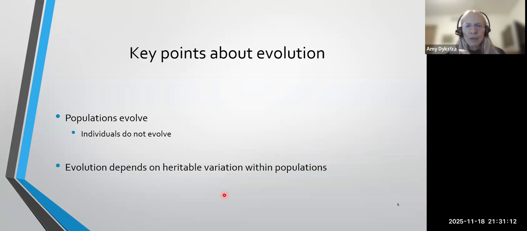So just to review a couple of key points about evolution, one of them is that populations evolve. Now, natural selection may act on individuals, so certain individuals either survive or don't survive based on their genetics, based on their particular traits. But the change doesn't happen until the next generation. Those individuals that survive have to reproduce, and then the change can happen.